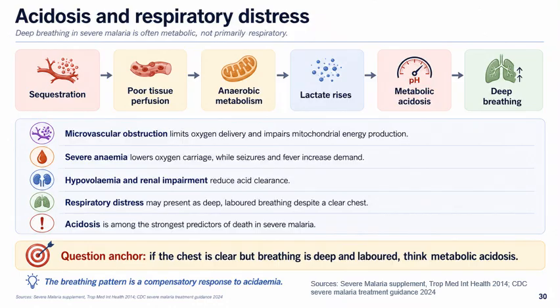Hypovolemia and renal impairment may also reduce acid clearance. The child responds with deep laboured breathing to lower carbon dioxide and compensate for acidemia. Therefore, when the chest is relatively clear but breathing is deep and laboured, think metabolic rather than automatically diagnosing pneumonia.